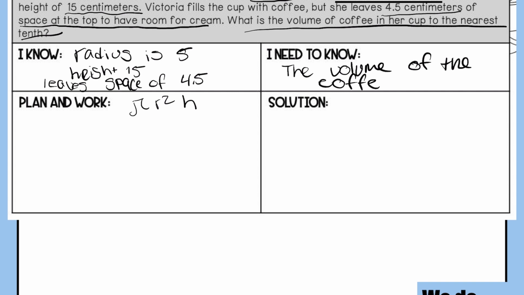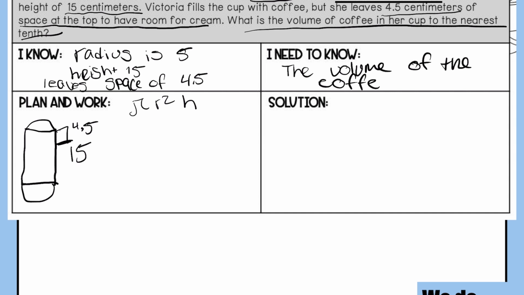Let's draw a quick model of this coffee cup. And when I mean quick, I mean quick. So we know this whole height is 15, but it says she leaves this much room, and let's call that 4.5. So we can't just use the height of 15 in our formula.